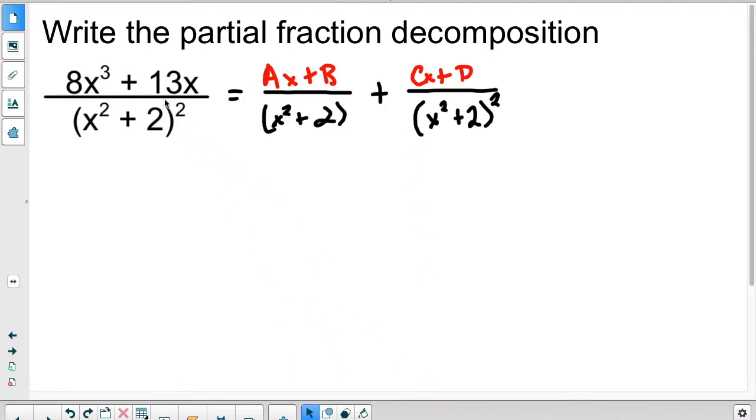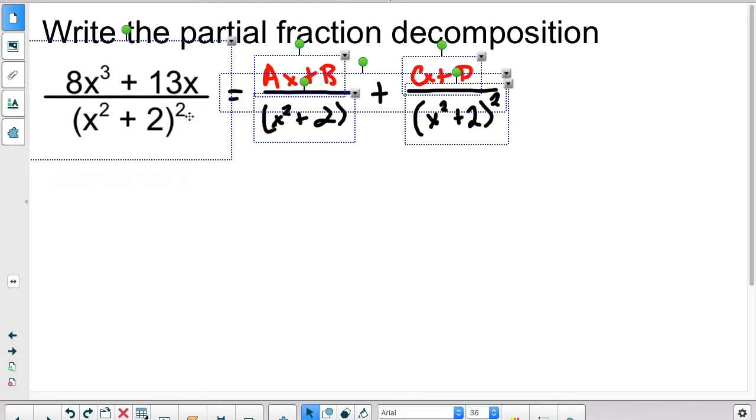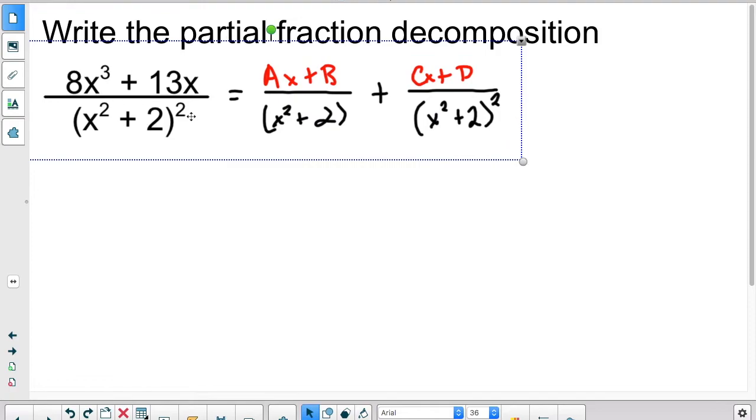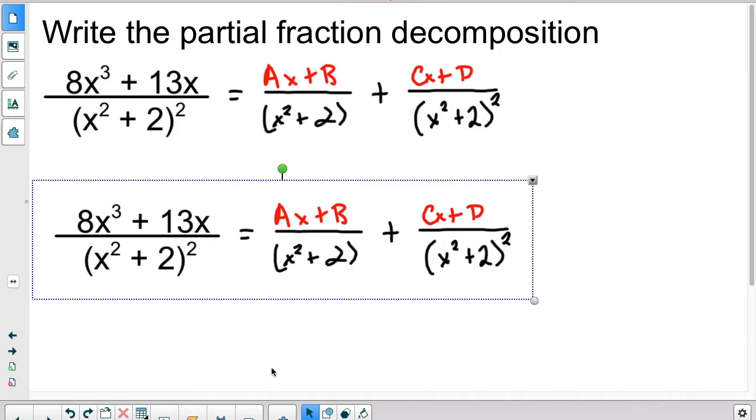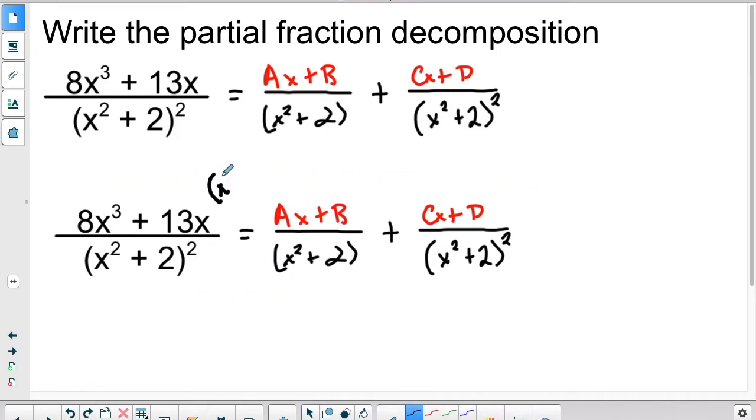Now at this point, I'm going to use copy and paste to bring it down just a little bit so I can work with this. And what we're going to do is multiply through by the greatest common denominator, x squared plus 2 squared. Now, one thing that is nice is that these two here cancel out completely.